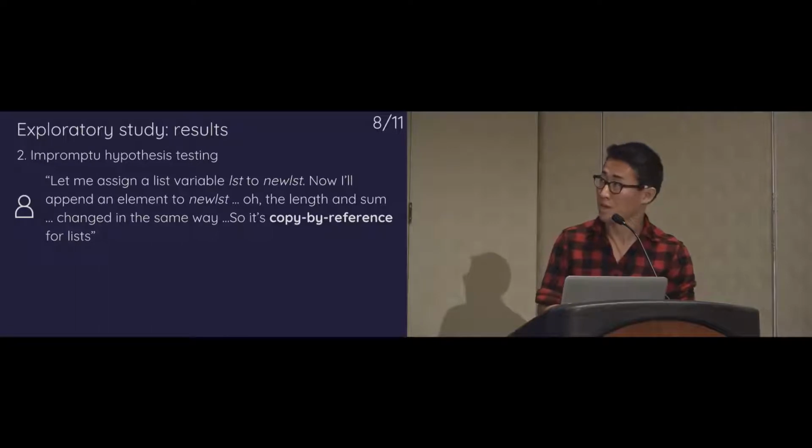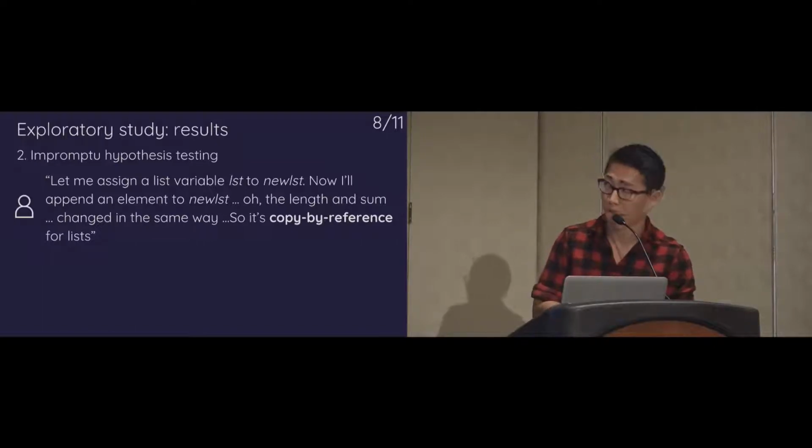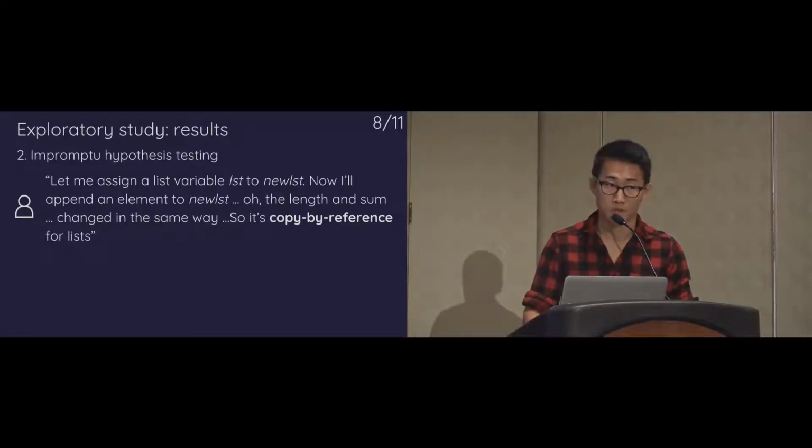Students also engaged in impromptu hypothesis testing using Omnicode. For example, while implementing the bubble sort algorithm, one student spontaneously examined whether Python lists were copied by reference or by value, which was unrelated to the task. Another student was also not sure whether numeric division returned an integer or a float type, but he could quickly gain confirmation through the viz.